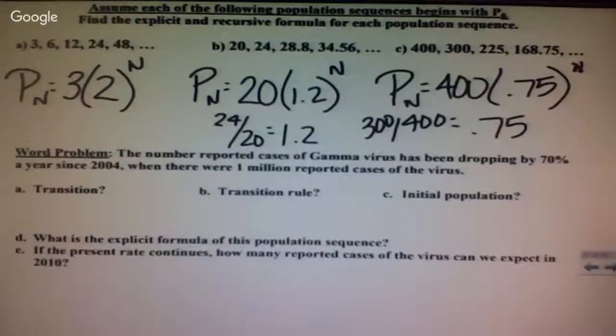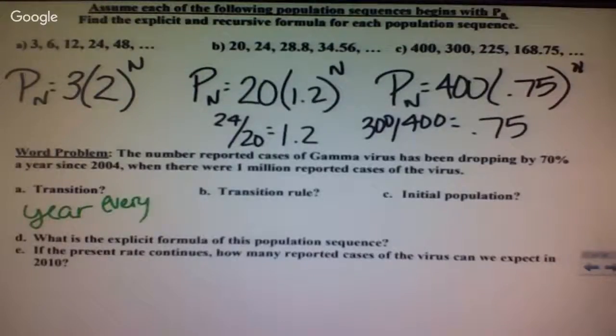All right, so let's see what we can do with this one. The number of reported cases of a gamma virus has been dropping by 70% a year since 2004, when there were 1 million reported cases of the virus. What's my transition? Dropping by 70% every year. Remember, your transition is how often.